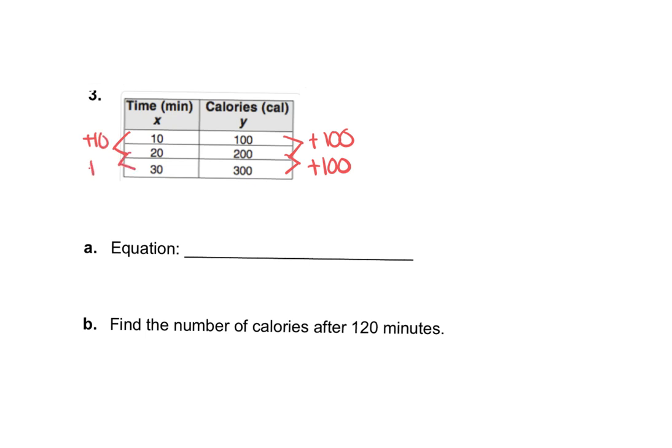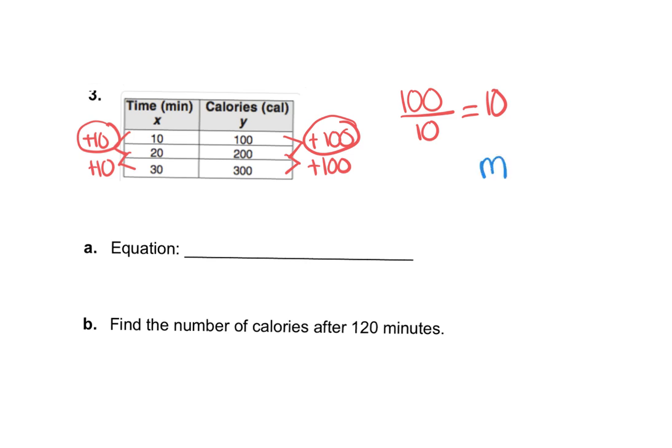and up 10. Now, this might be easier for you to plug into your graphing calculator to find the slope. You could take the 100, change in the y, over the change in the x, where we would have 100 divided by 10, and we get 10. Some of you, it might just be easier to take 2 points out and find the slope.